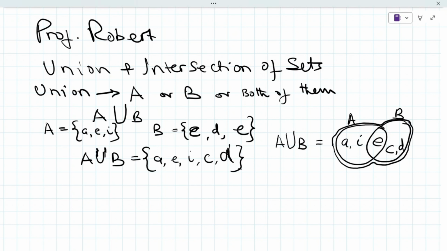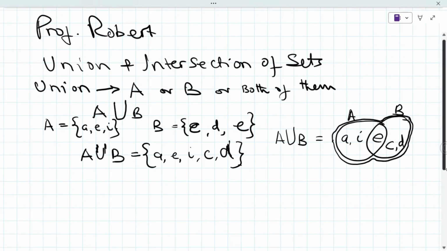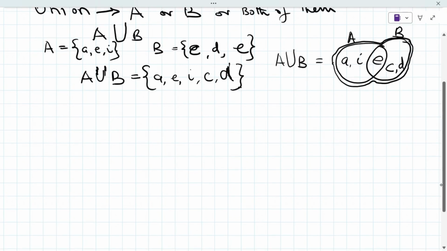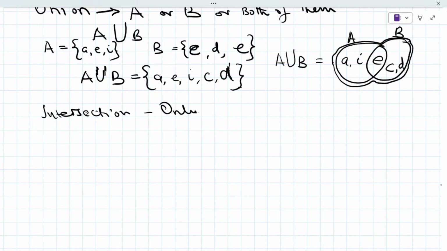Okay, now I want us to go on to the intersection. Now, intersection means only what is in both sets.